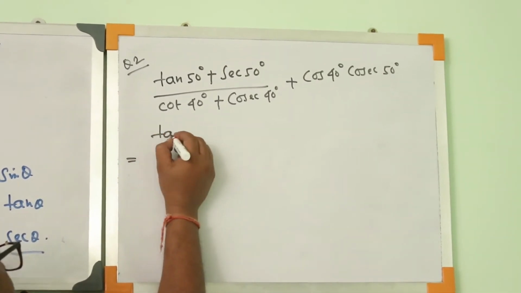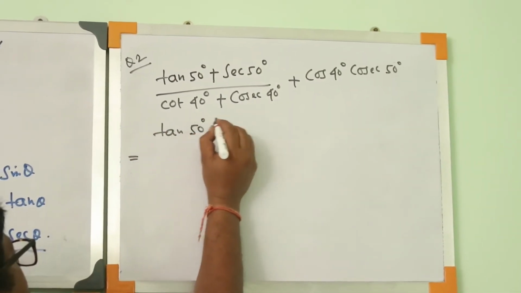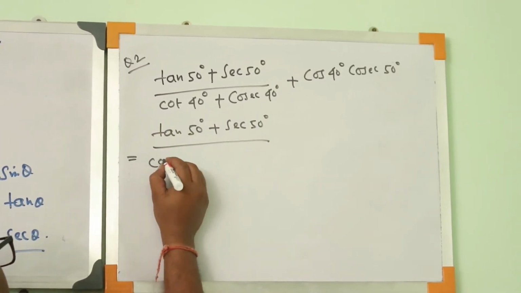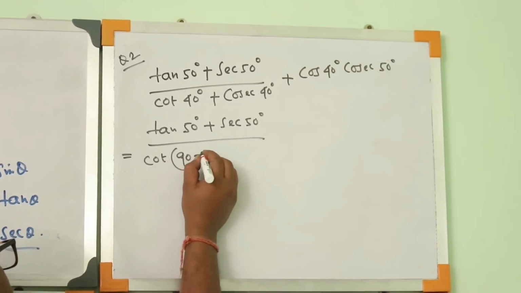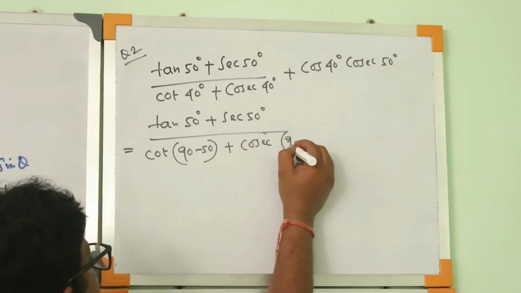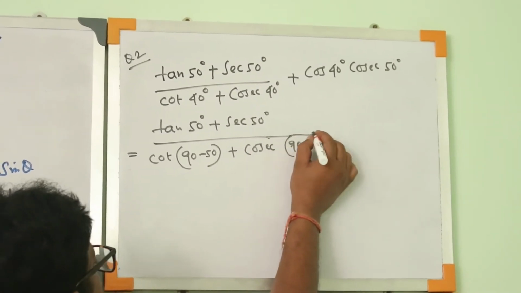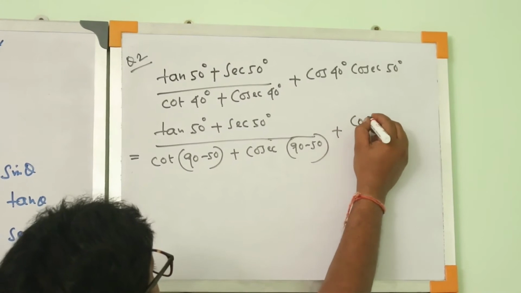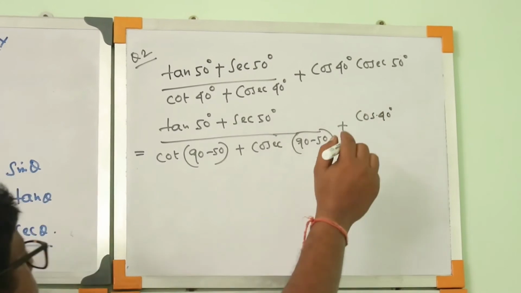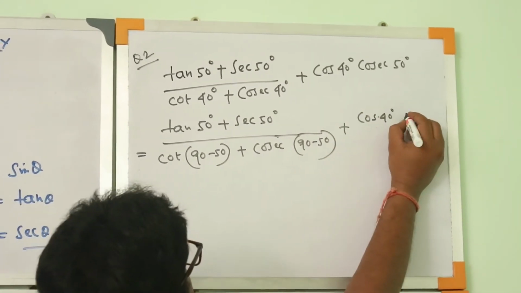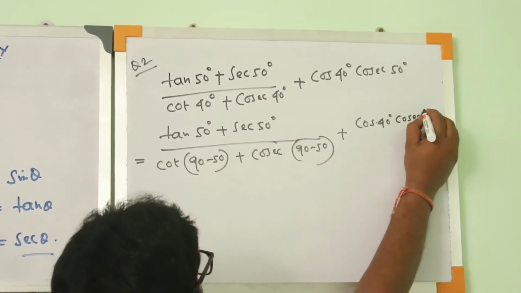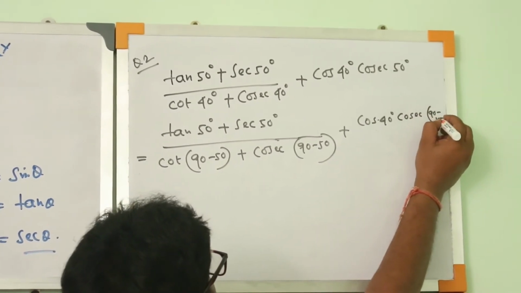So we can write tan 50 plus sec 50 divided by cot 40, which means cot 90 minus 50, cosec 40 means cosec 90 minus 50, plus this one cos 40 cosec 50 means cosec 90 minus 40.